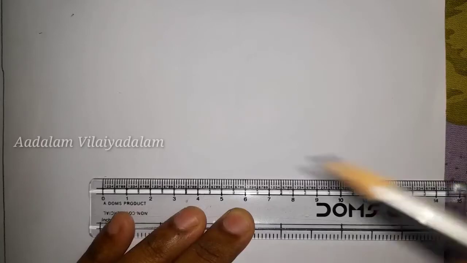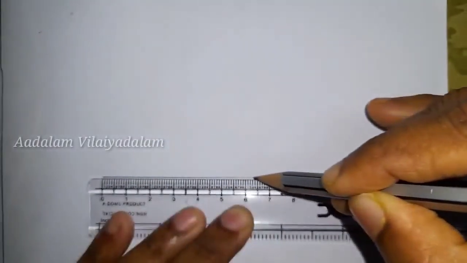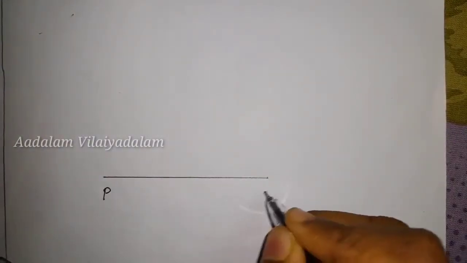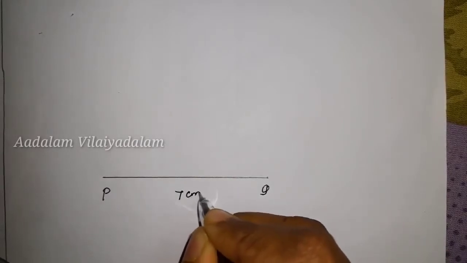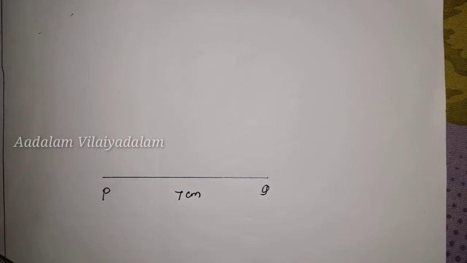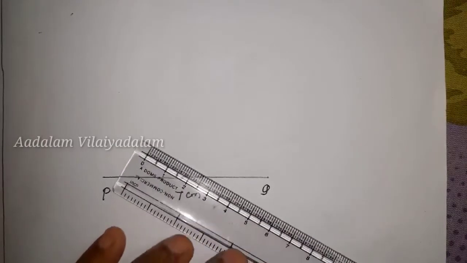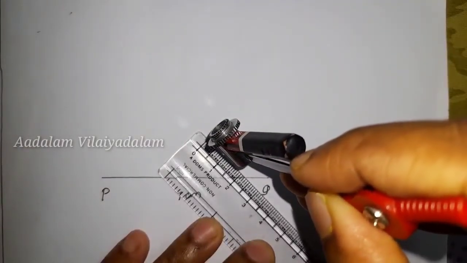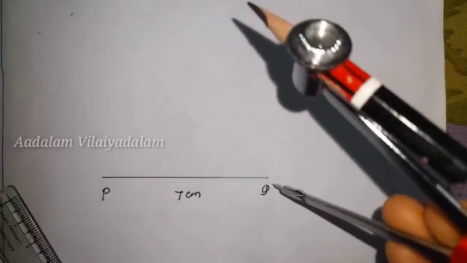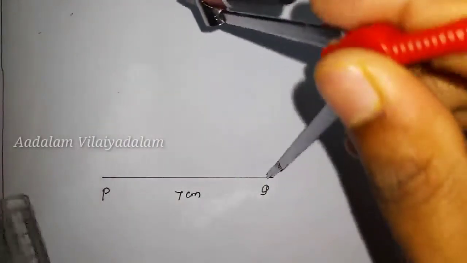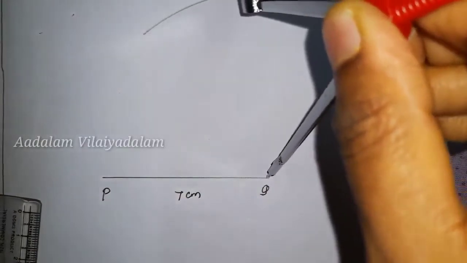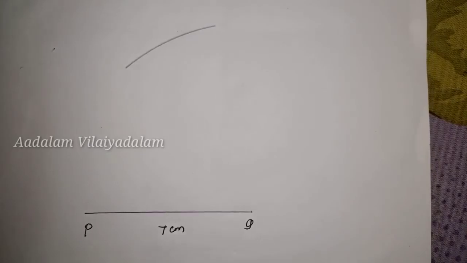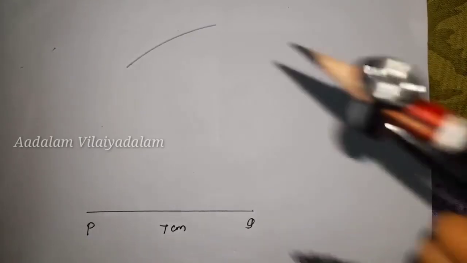Draw the line segment PQ, 7 cm. RQ distance is 8 cm. Take the compass at 8 cm measurement. At Q center make the arc 8 cm. At P center make the arc 5 cm.